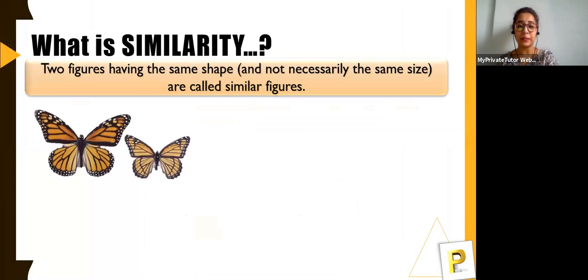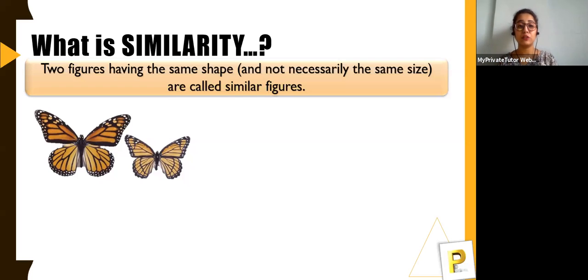Now, what does that mean? Take these two butterflies: you can see that they have the same shape, but not the same size. Like if I talk about a pair of chappals, where one of the chappals is size 8 and the other one is size 6, that means both chappals have the same shape, but they don't have the same size, and then they are considered to be similar.